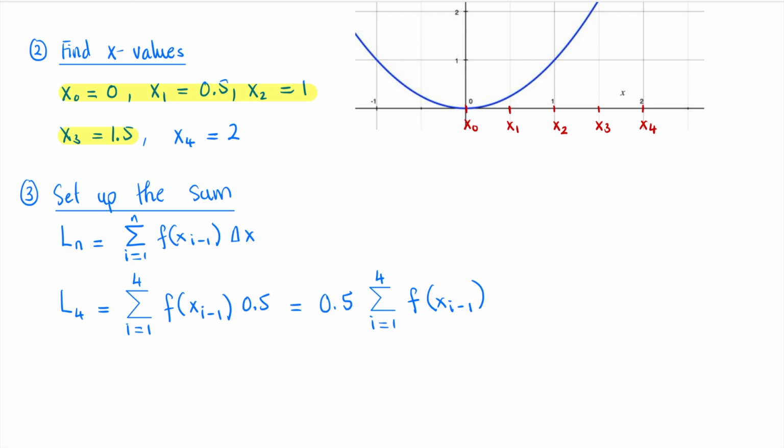Now let's expand this. When i equals 1, 1 minus 1 is 0, so I have f of x0. When i equals 2, 2 minus 1 is 1, so I have f of x1. When i is 3, 3 minus 1 is 2, so I have f of x2.